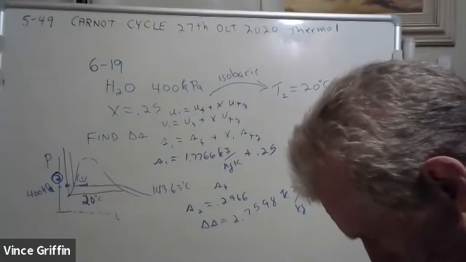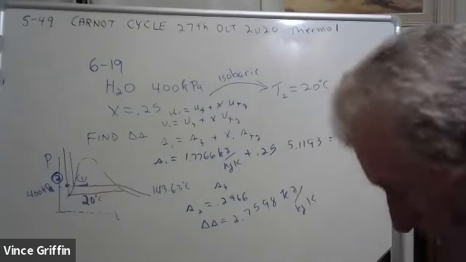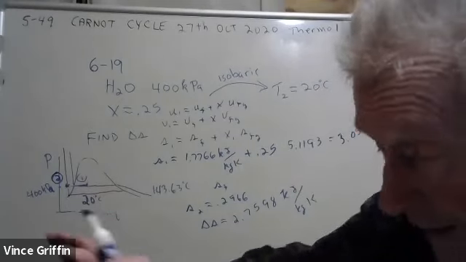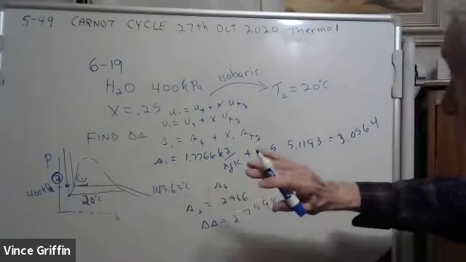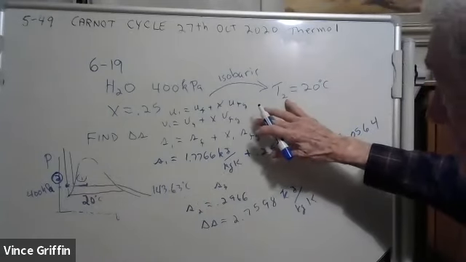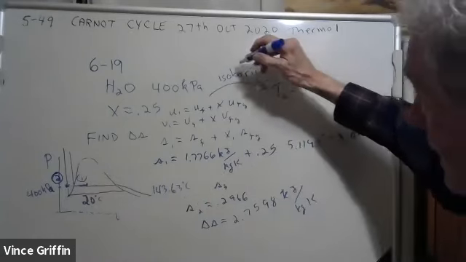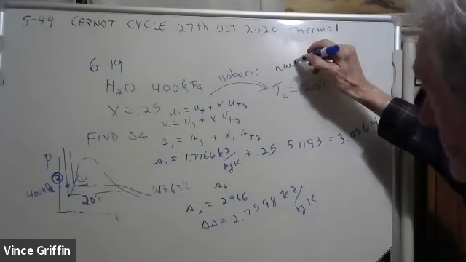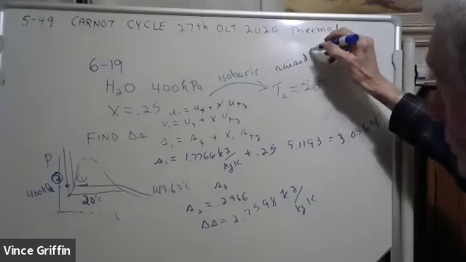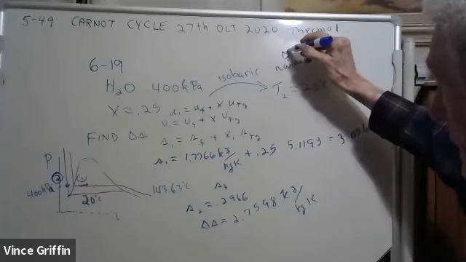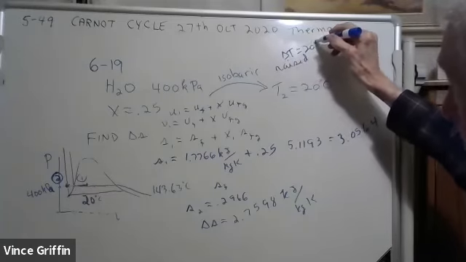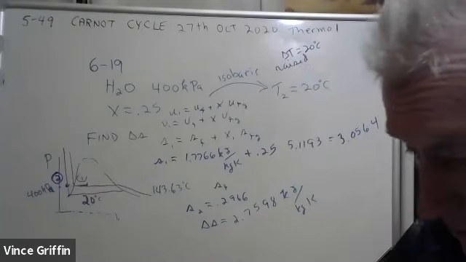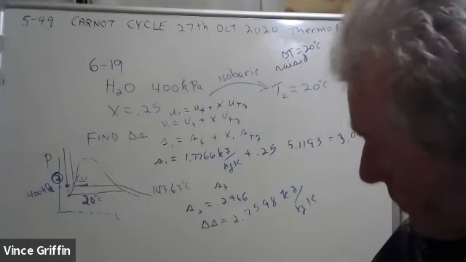Okay, now wait a minute. I did something horribly wrong here. Oh, I didn't read the problem right. T2 is not 20 degrees. It's raised 20 degrees. Let's start all over again. Delta T is 20 degrees. I thought they said T was 20 degrees.